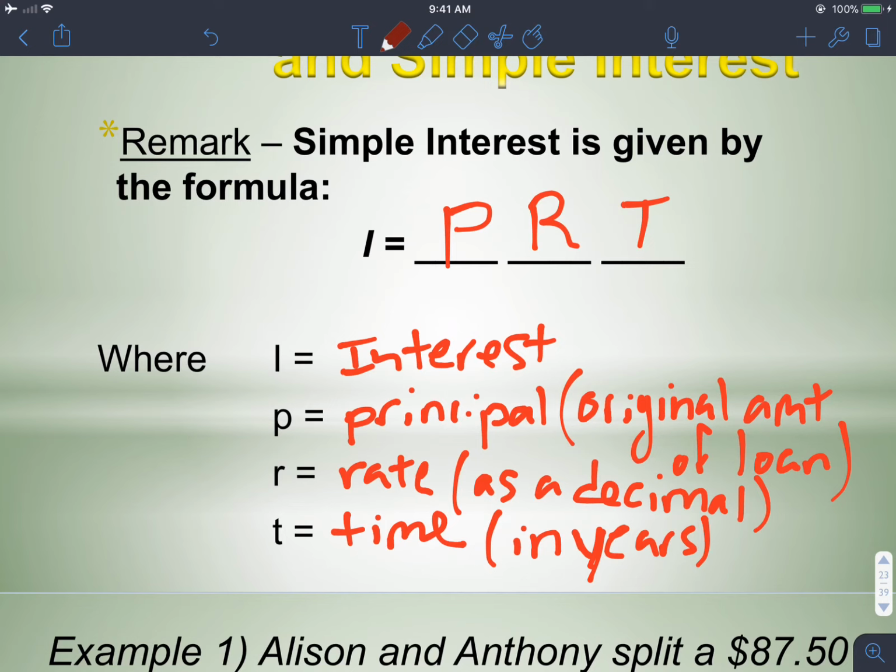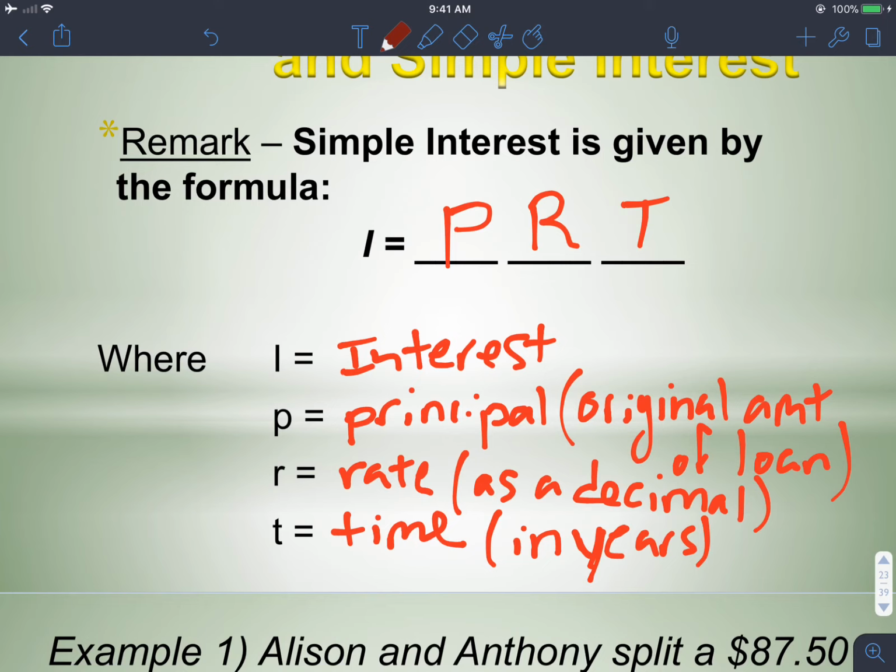And then the time is going to be in years, which is also important, because we're going to see some problems where they give you months and stuff like that. This is classic, if you go buy a car and you have to take a loan out for the car, they're going to charge you a simple interest loan.